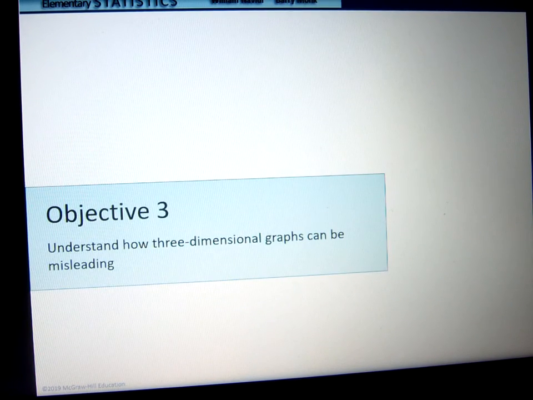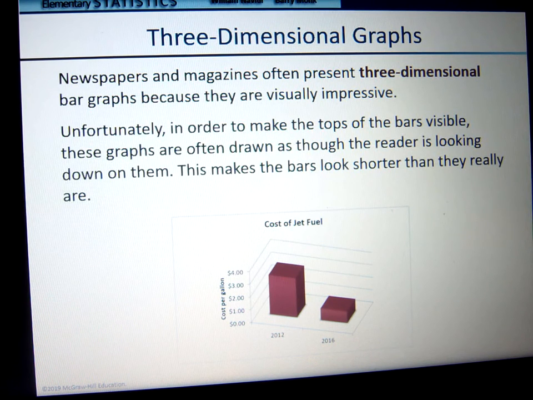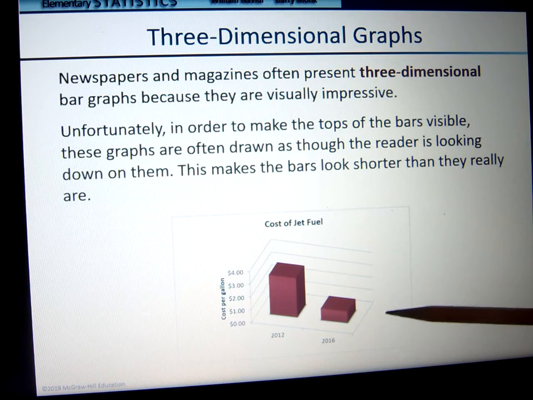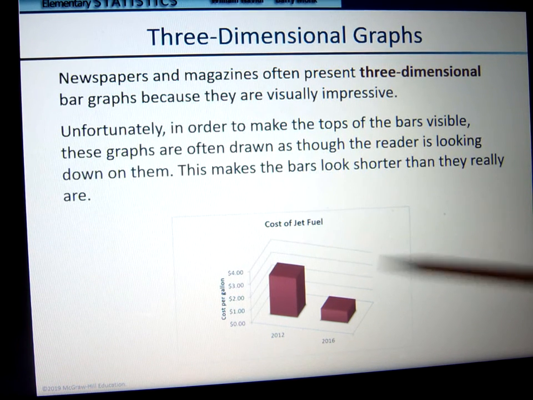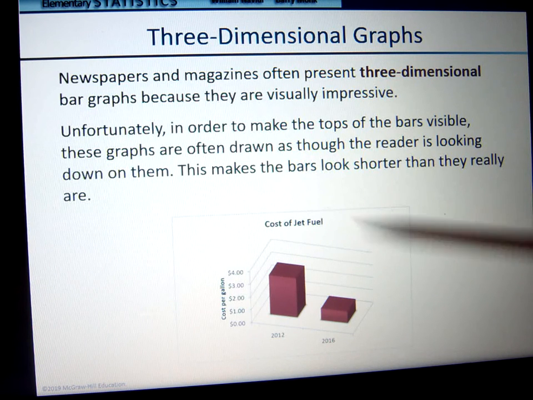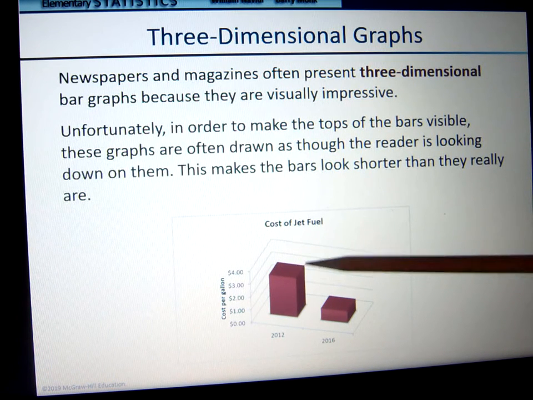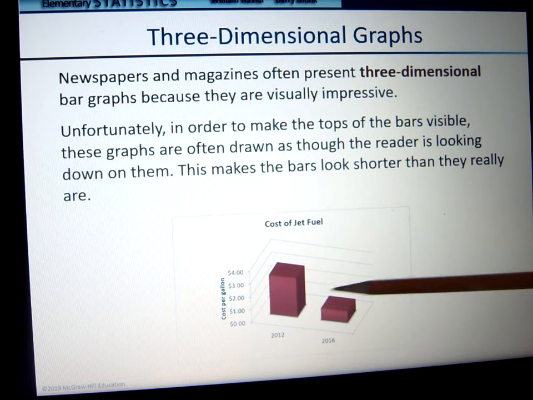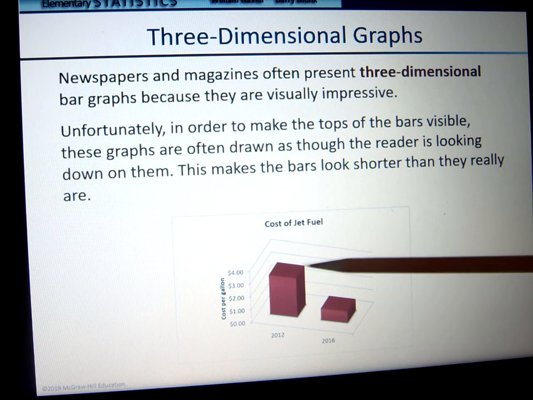Now, three-dimensional graphs also can be misleading because if you're looking from the top, it can give you quite a biased position of how big the graphs are. You could see that the very top of the graphs, they kind of look like they're the same. Well, that really doesn't matter because these are bar graphs, okay?